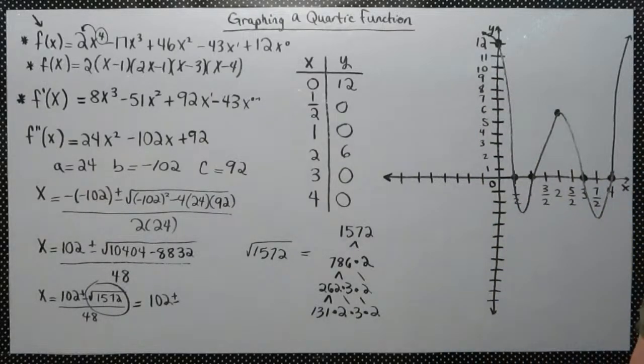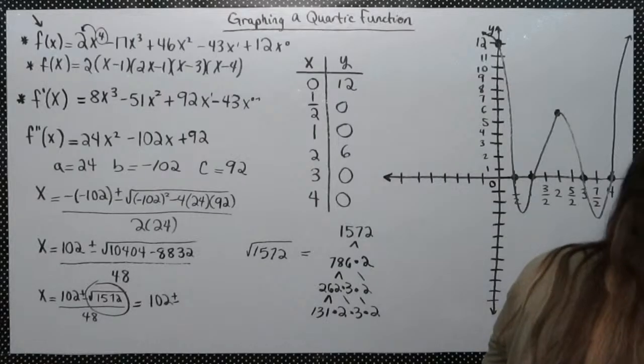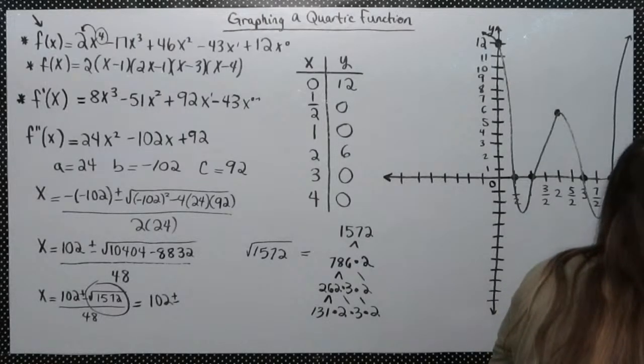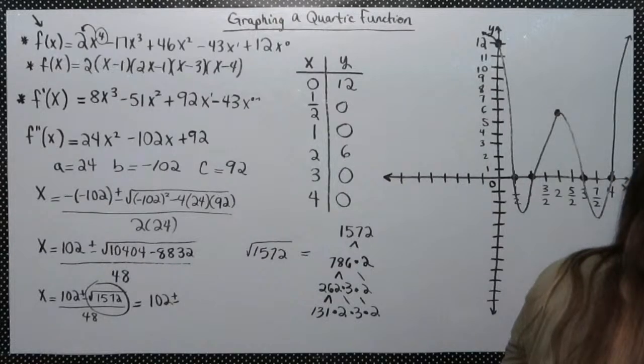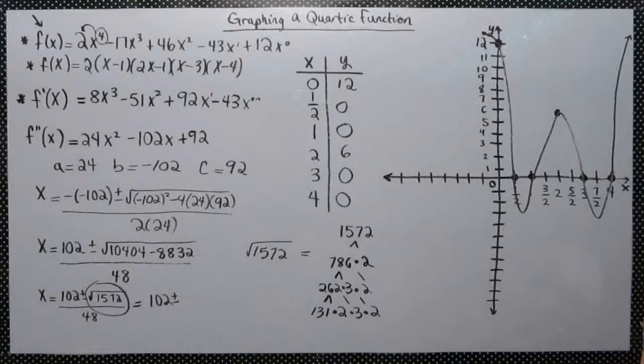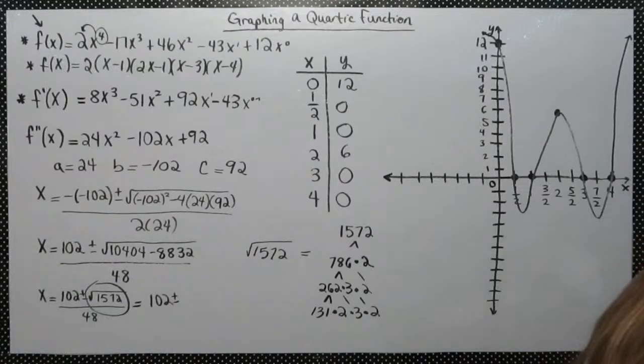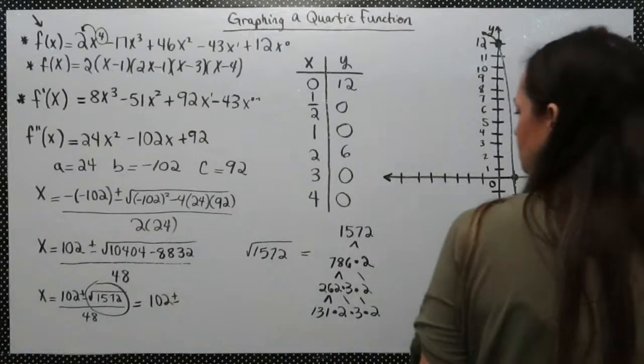Maybe I should turn this other monitor on and ask Google if 131 is prime, because let me see if I want to check a couple more. 13. Okay, so whenever you get a prime number, then you stop. Okay, it says it is, and I figured it was.